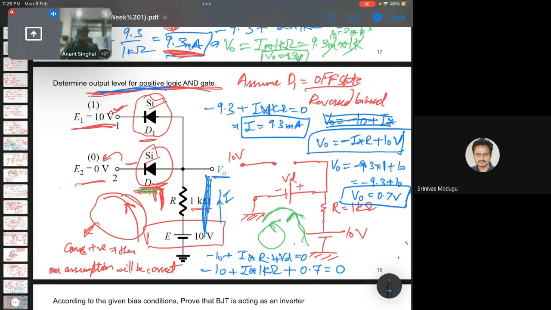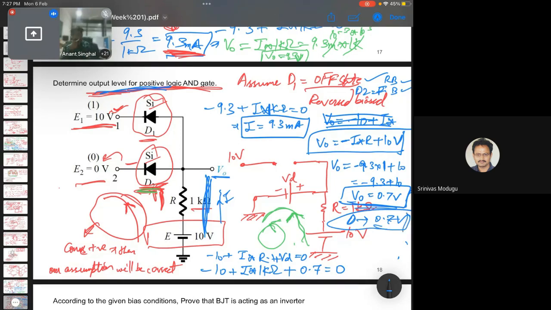From this we can surely say that diode D1 is in off state, that is reverse bias, and D2 was forward bias, since our current came positive. So our assumption was correct. The state of the diode is therefore confirmed, and this 0.7 for V0 is sufficiently small to be considered the 0 level. So even 0.7 volt will be treated as the 0 level.